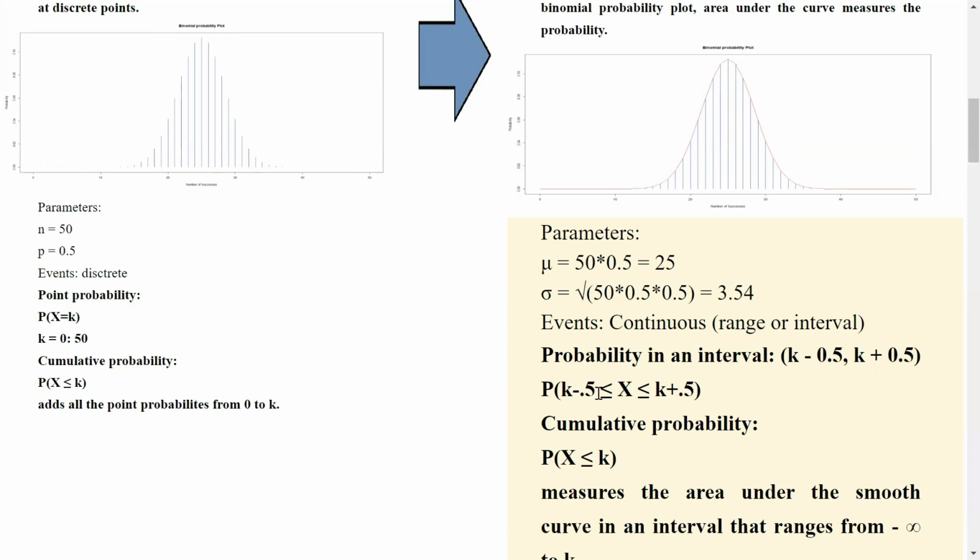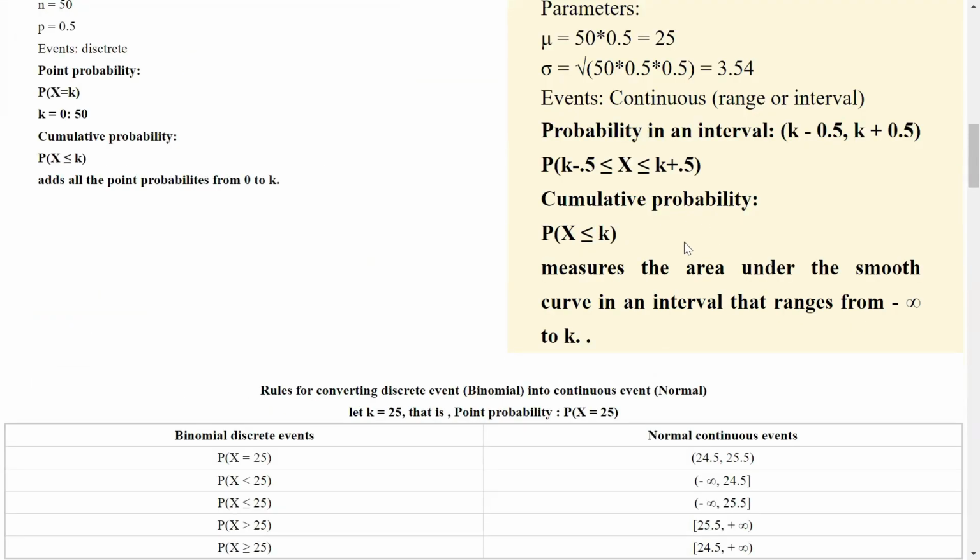And in probability notation, it is expressed as P(k - 0.5 ≤ X ≤ k + 0.5). Similarly, the cumulative probability X less than or equal to k in normal distribution measures the area under the smooth curve within the interval that ranges from negative infinity to k.